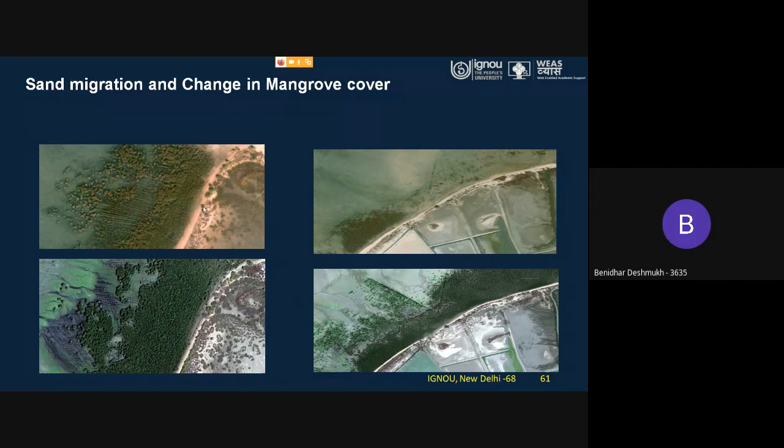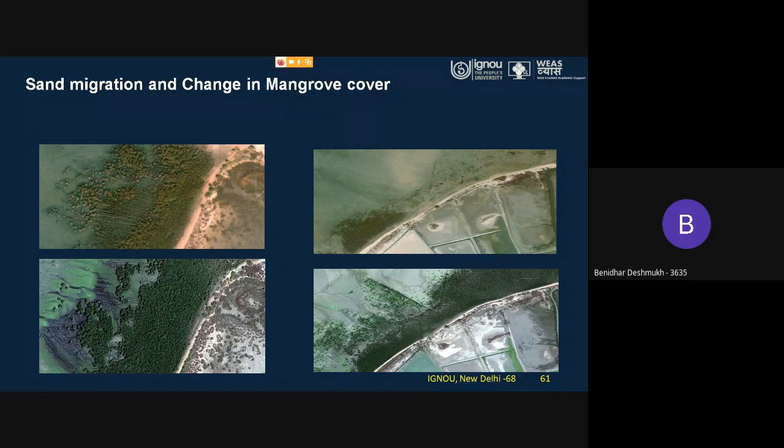So ideally, the mangroves grow in low energy environments, and the area in front of beaches is actually not a low energy environment. Naturally, the area behind the beaches is most suitable for mangrove plants to grow. But here, because of the protection and plantation of mangroves, they have grown in areas that are not naturally suitable for them.